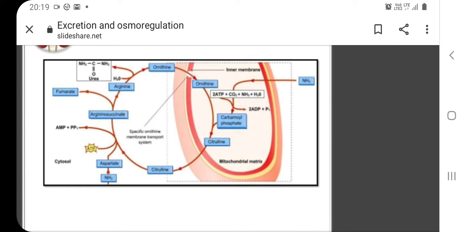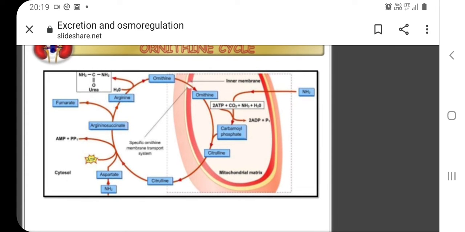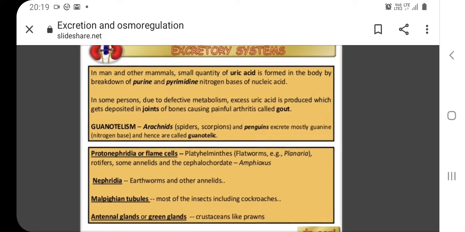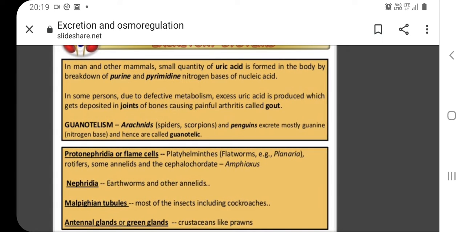We will discuss the ornithine cycle later. In the excretory system in humans and other mammals, a small quantity of uric acid is formed by the breakdown of purine and pyrimidine nitrogenous bases of nucleic acid.